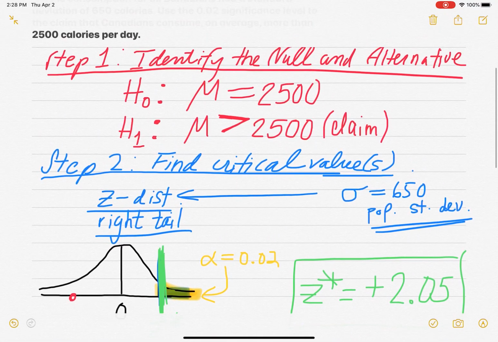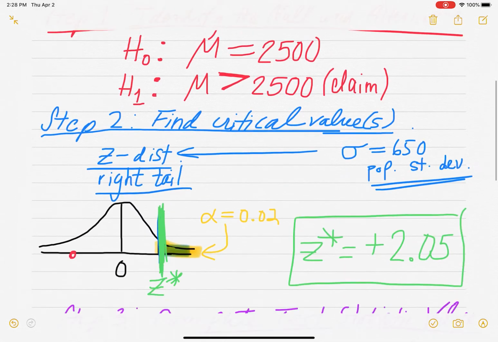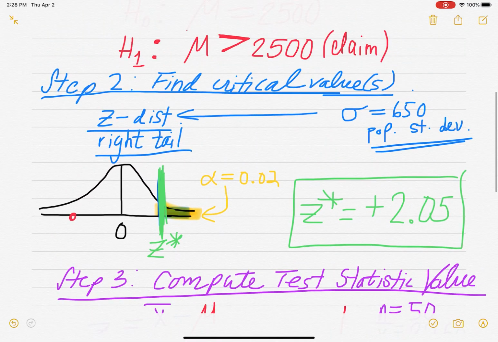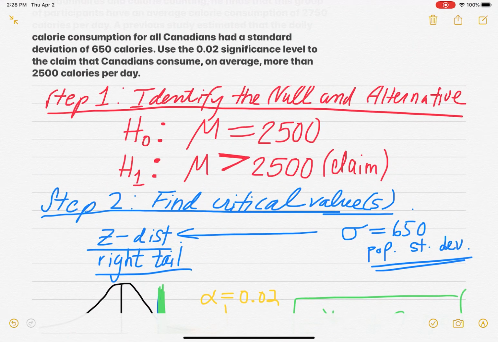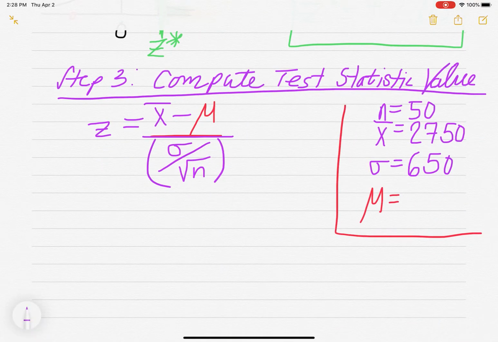We said earlier it was 650, the standard deviation for all Canadians, assuming that based on a previous study. And now the population mean, you're going to assume that under the assumption that the null hypothesis is true. For the sake of argument, 2,500 is going to be mu here.